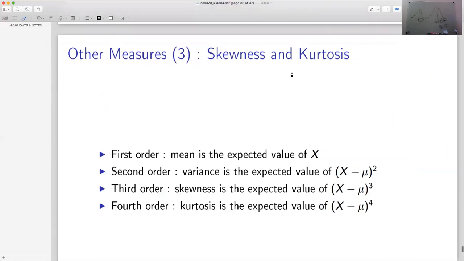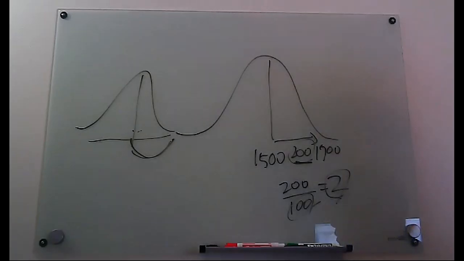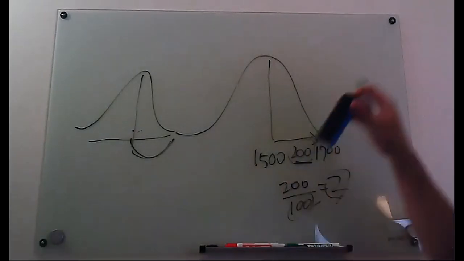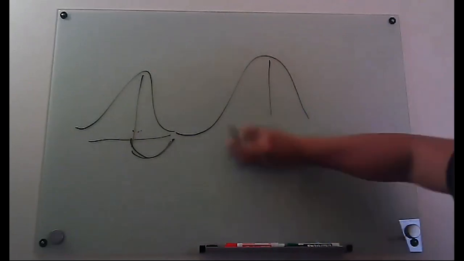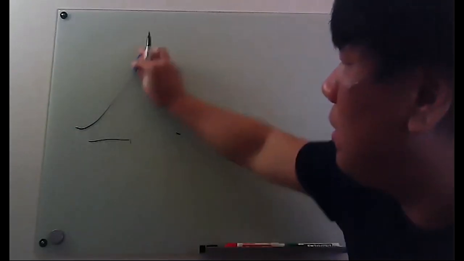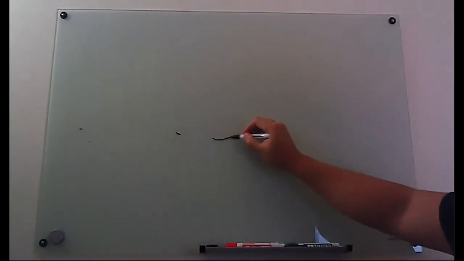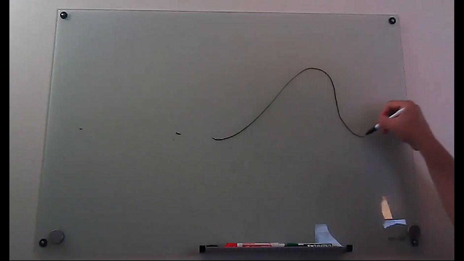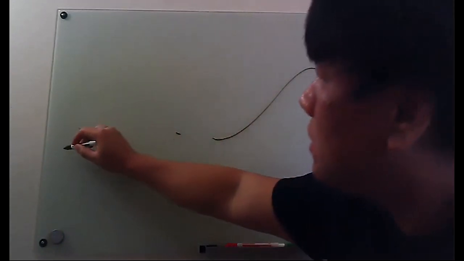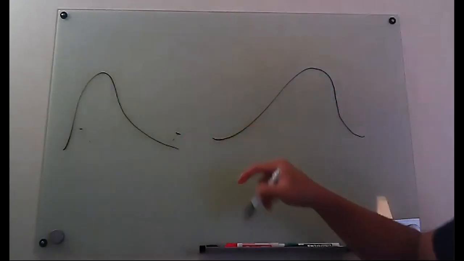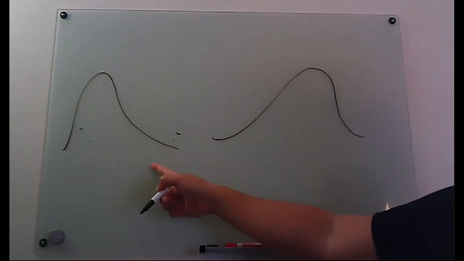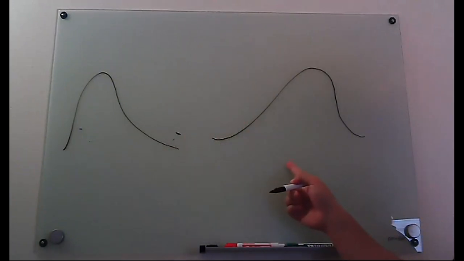And skewness and kurtosis. So far we were talking about symmetric observations, but sometimes the observations look like this, and sometimes more like that. So this is skewed right, and this is skewed left.